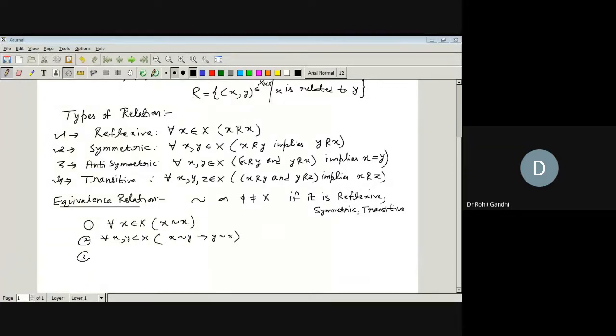And third, for every x, y, z belonging to capital X, if x is related with y and y is related with z, implies x is related with z. If any relation satisfies these conditions, then we say that our relation is an equivalence relation.